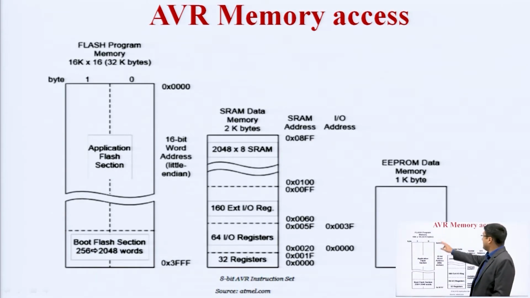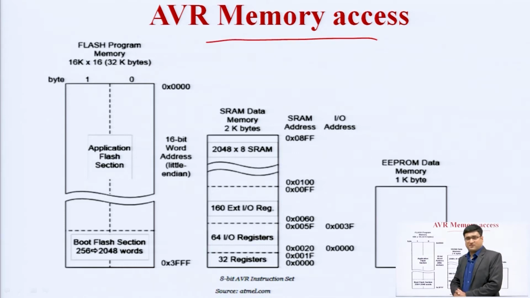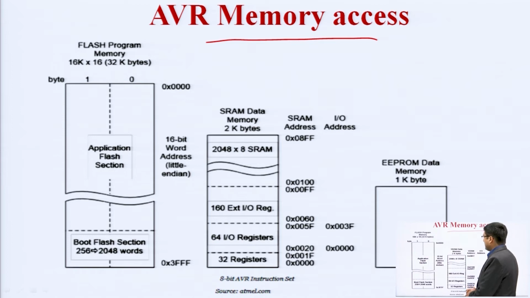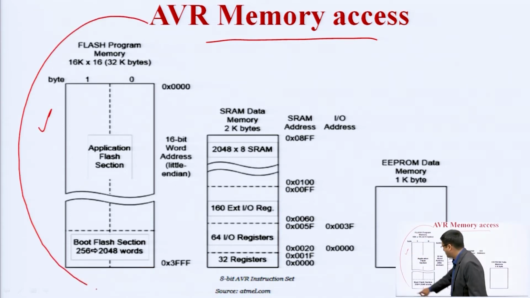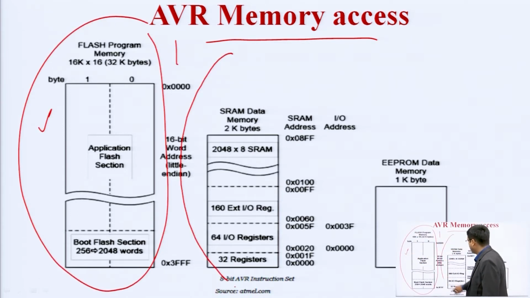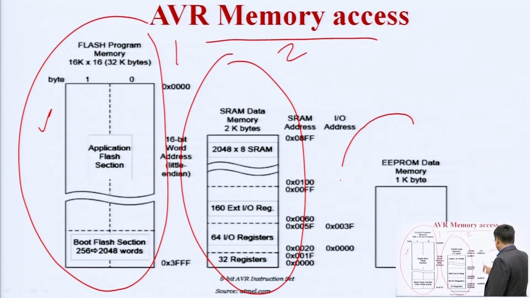Now the next topic is AVR Memory Access. What is the meaning of AVR Memory Access? Basically, in this topic we will learn the memory allocation in our AVR microcontroller. So here you are seeing 3 blocks. This one is the first block, this one is the second unit, and this one is the third block.